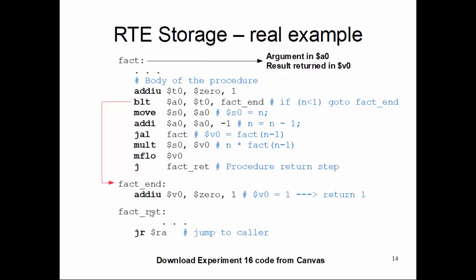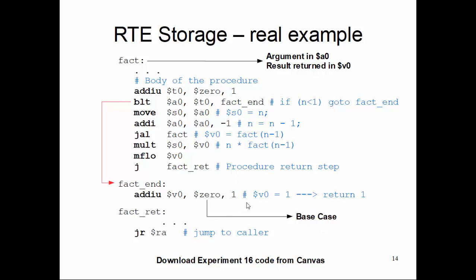Then next I move A0 to S0. I'm preserving the A0 value so that I can decrease A0, n equal to n minus 1. This is the base case, right? And let's see, now it calls itself.